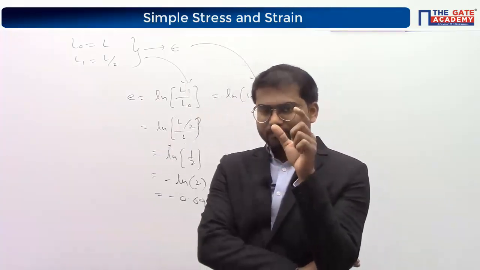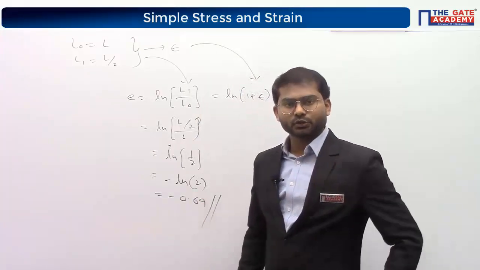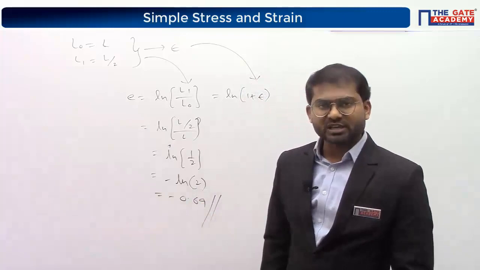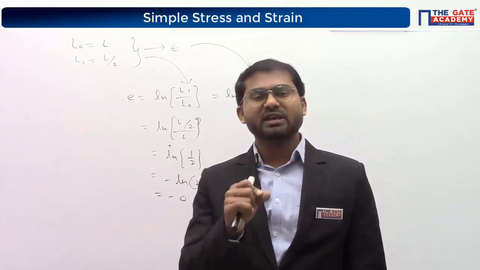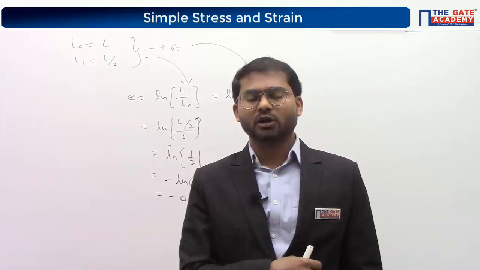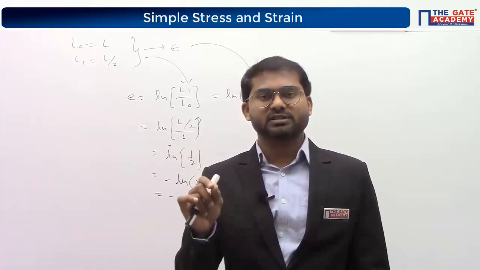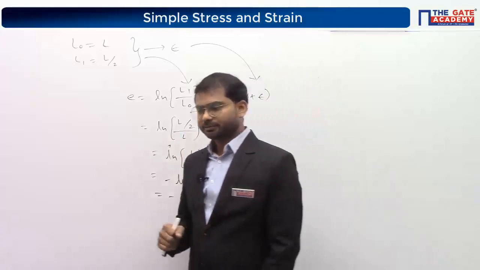So in that blank, you should enter 0.69 because they're concerned only with magnitude. Clear? So the magnitude of true strain is 0.69. Reading the question is very, very important. Though they are asking for the magnitude, if you enter minus 0.69, the answer is gone. You will not get marks at all for the question. So you should read the question properly.